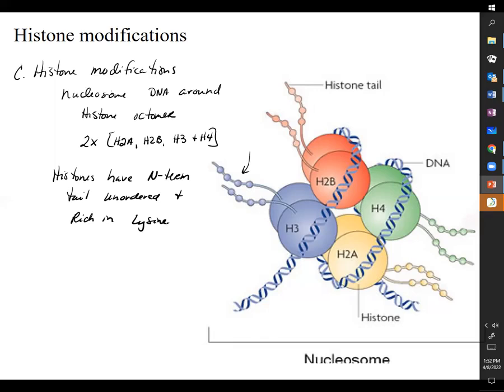Now you might not remember this, but what is the chemical characteristic of lysines? Lysine is one of the three amino acids which are positively charged. So the R group of lysine residues is positively charged. Now let's think about what that means. If we've got a bunch of positive charges on here, and these things can move around, what are positive charges attracted to? Negative charges. Can we think of any molecules that might be negatively charged?